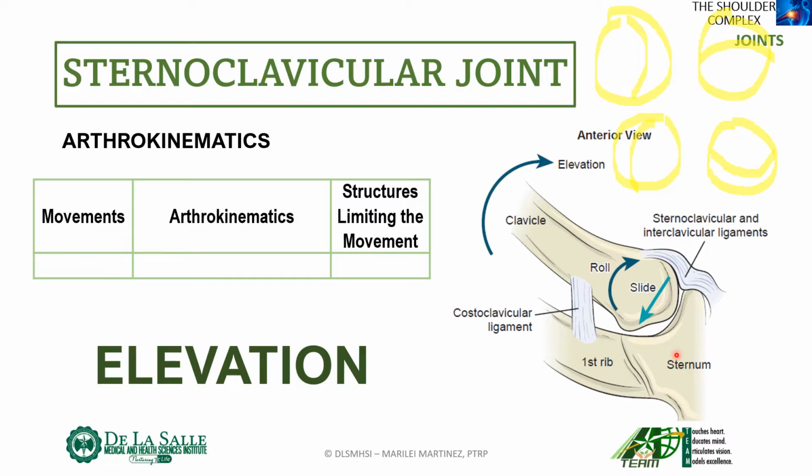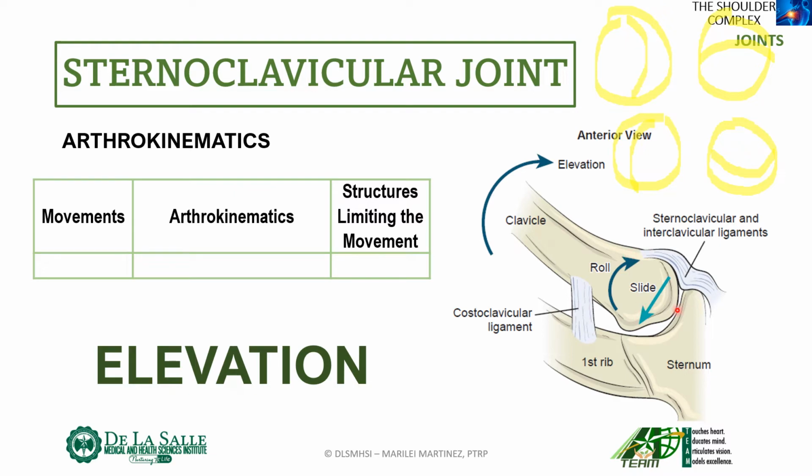So the arthrokinematics, open kinematic chain of elevation, is that the convex articular surface of the clavicle rolls superiorly, just following the shaft of the clavicle, because when clavicular elevation happens, the shaft also moves superiorly, right? Therefore, the roll will be superior.